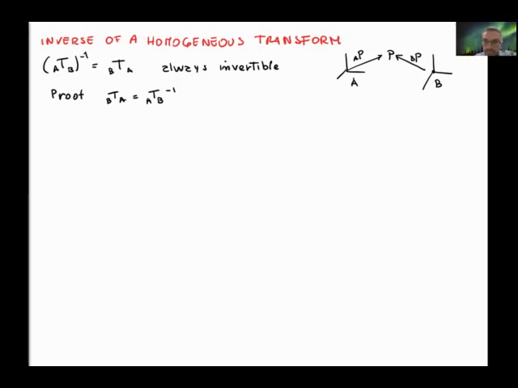So let's say this is the transformation that maps a point from the B frame to the A frame.